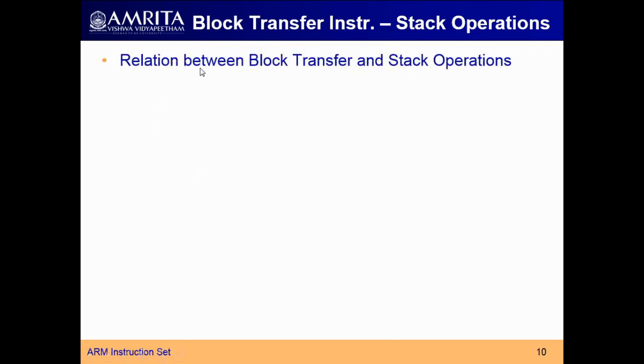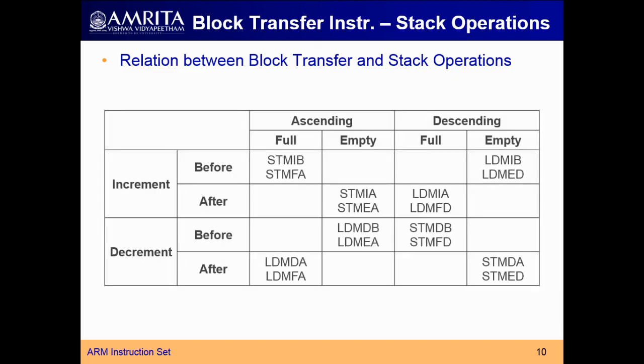Next we will see the relation between block transfer instructions and the stack operations. The block transfer instructions we have seen, for example, are STMIA, LDMIA, STMDA, LDMDA, etc. And the stack operations will be related with the stack, for example STMFA, STMEA, LDMEA.